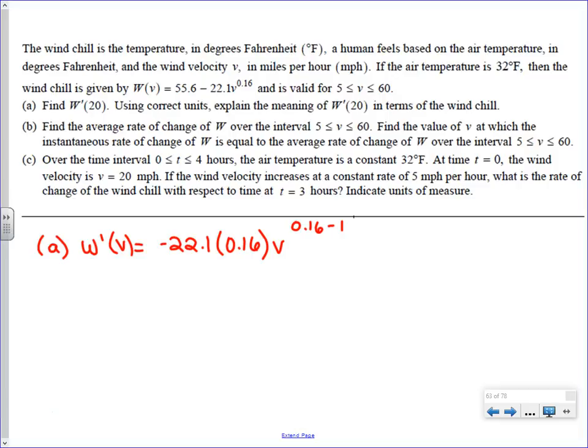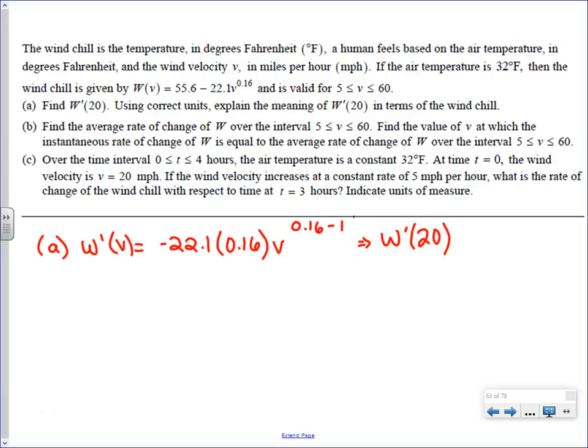As we get more into application problems, we'll see how amazing our calculator really is and that it could do some of this work. This is a calculator problem. But if I want to go ahead and plug in W prime of 20, I could go ahead and throw it in my calculator. This is a decimal. This is not by hand.